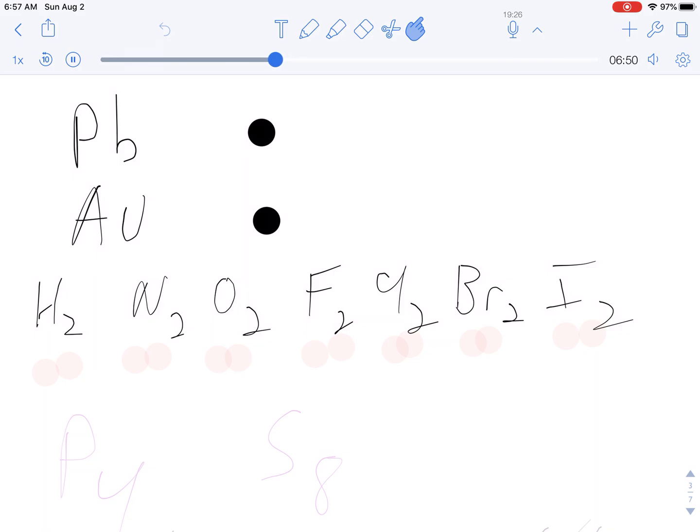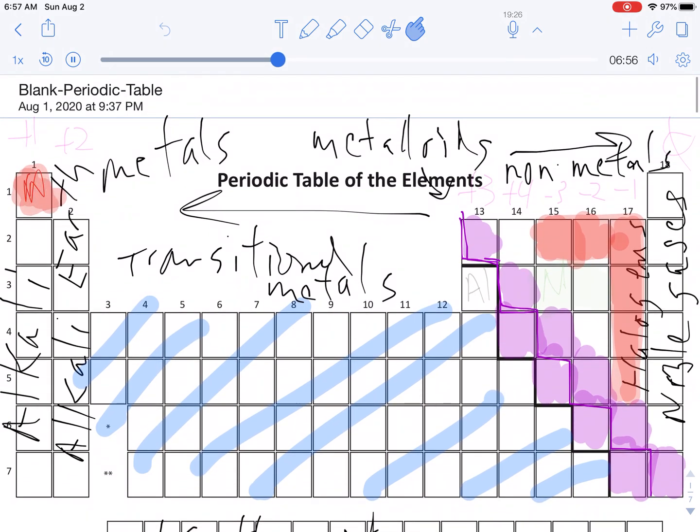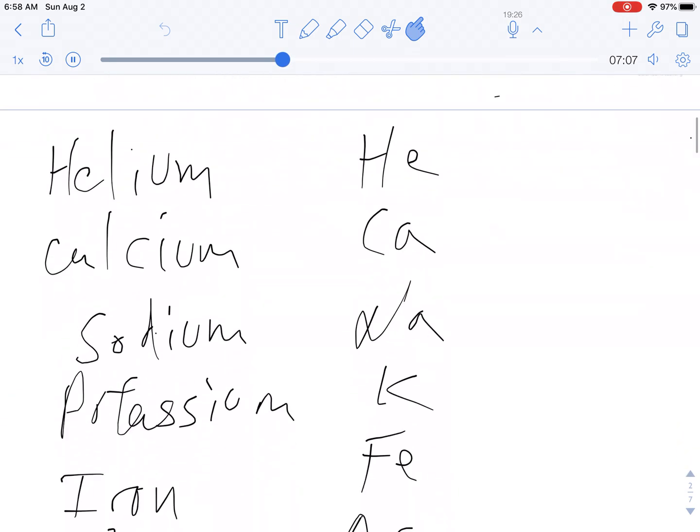So they're all kind of found together there. In fact, they kind of make an upside down L over here. And then hydrogen over there. So all of these are found as two atoms linked together.